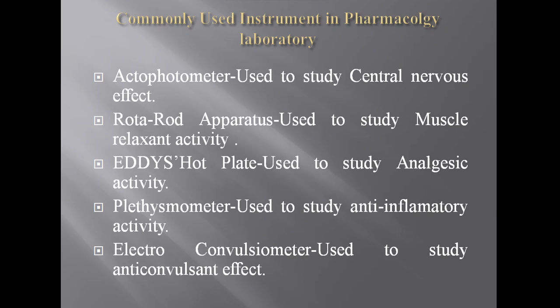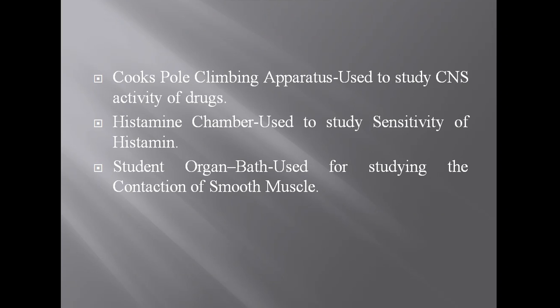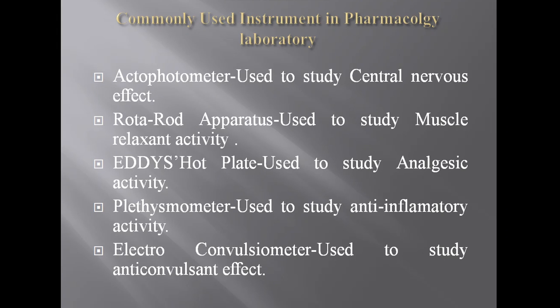The instrument is mainly used to study the anticonvulsant activity of phenytoin against maximal electroshock induced convulsions in rats or mice. So the electroconvulsiometer is mainly used to see the anticonvulsant effect.